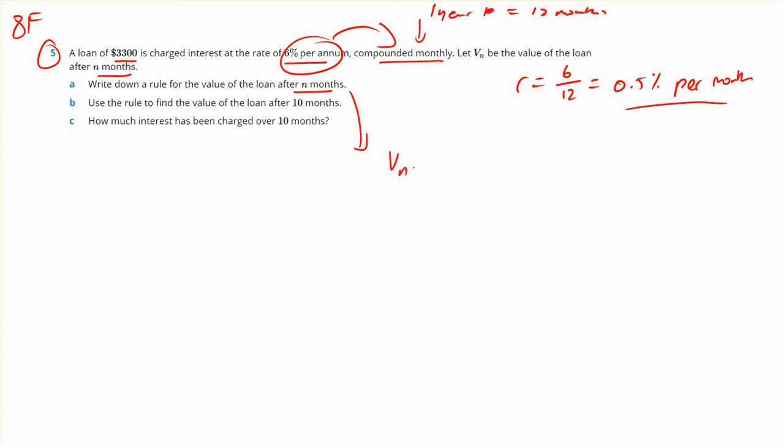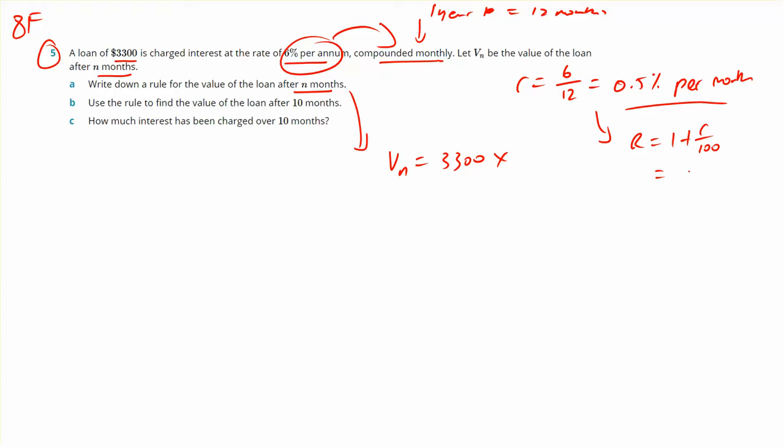So write down the rule. Vn is given by V0, which is 3,500, times... Now, this is my small r value. I need to convert this to a big R value. We're charged interest, so we're increasing. So big R is given by 1 plus small r divided by 100.